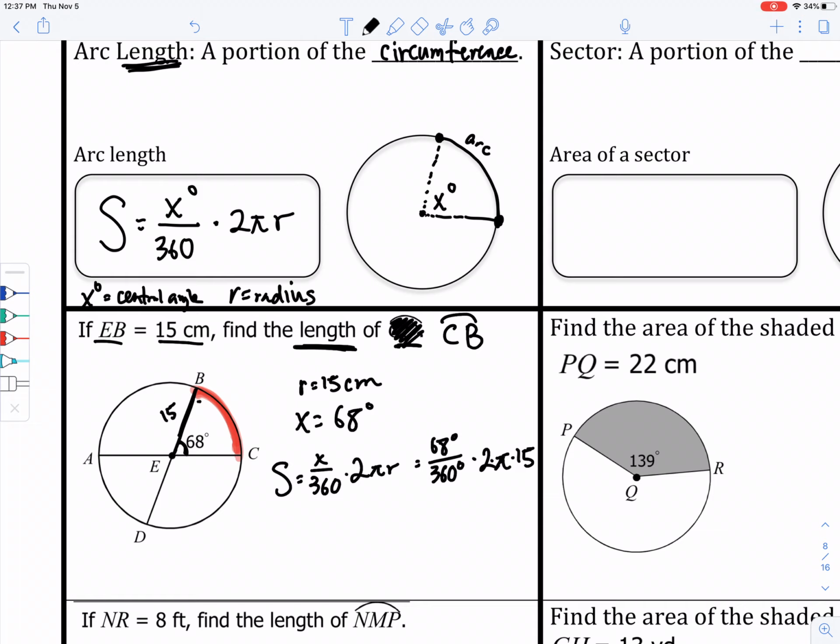A couple things going on here, so a calculator would be nice, but I'm going to simplify everything first before I do the calculator. Okay, so I'm going to take the 2 and the 15 and multiply them together to get 68 over 360 times 30 pi.